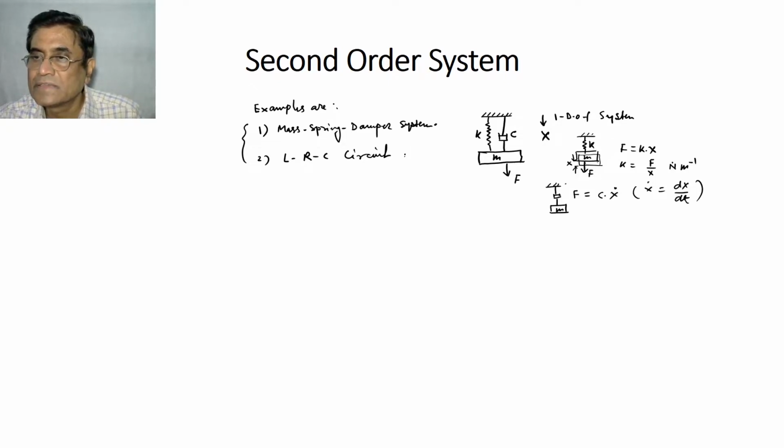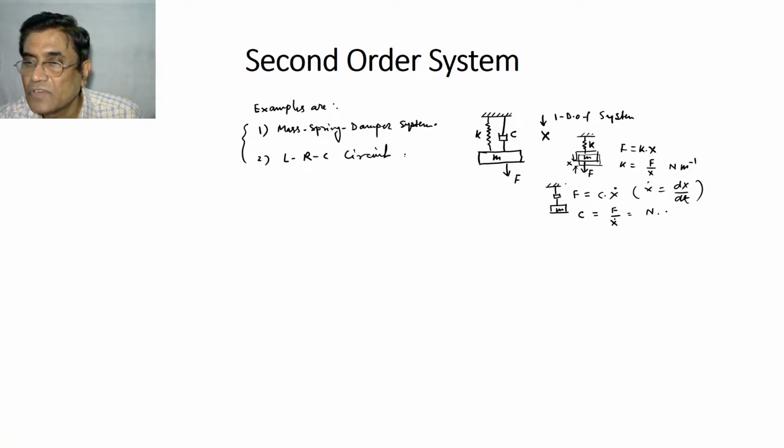So here, force is proportional to the displacement for the spring, and the spring constant was Newton per meter. Here we call it the damping coefficient, equal to this, and you know what will be the unit in Newton.